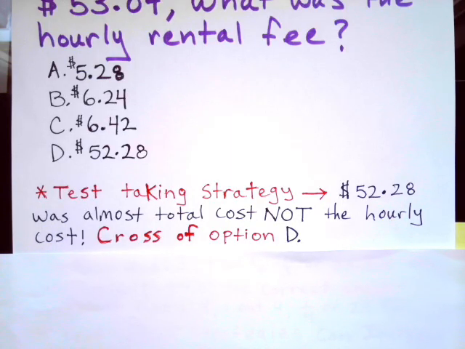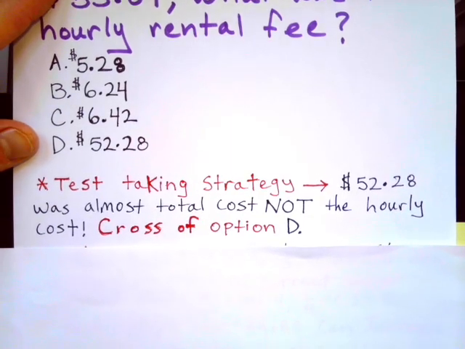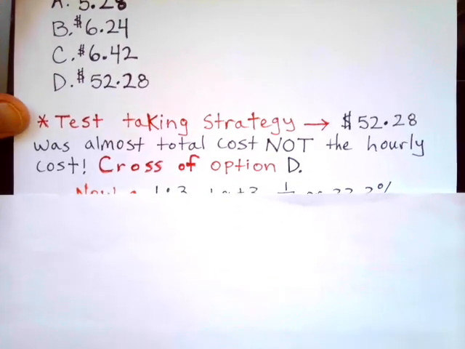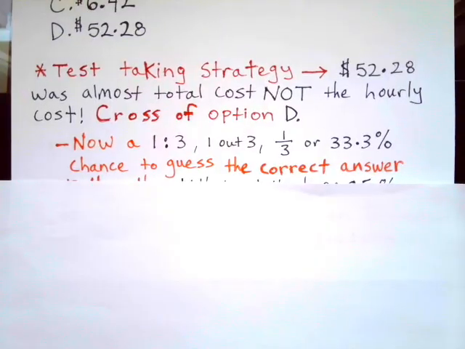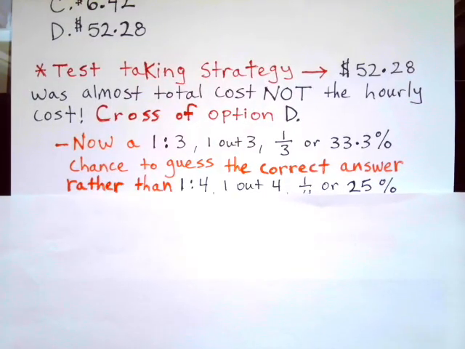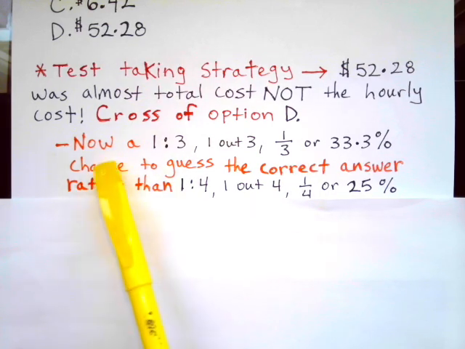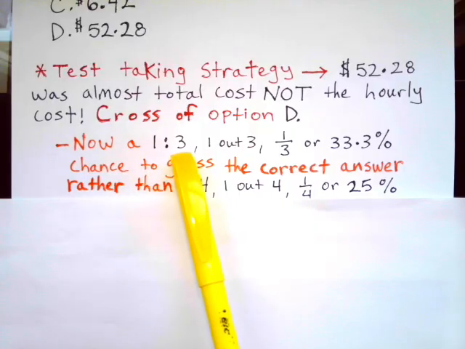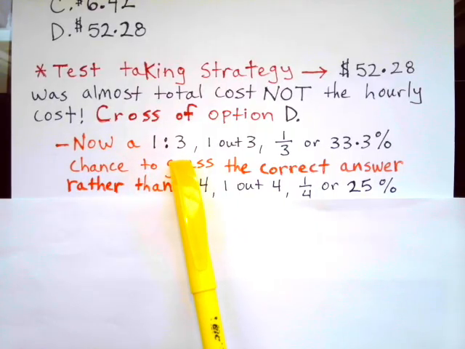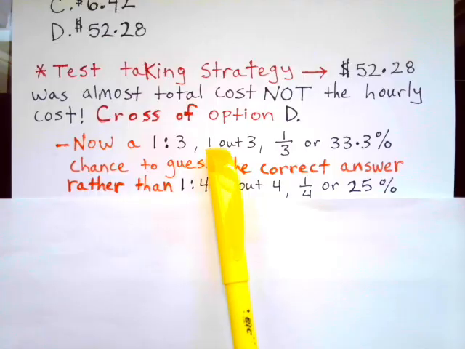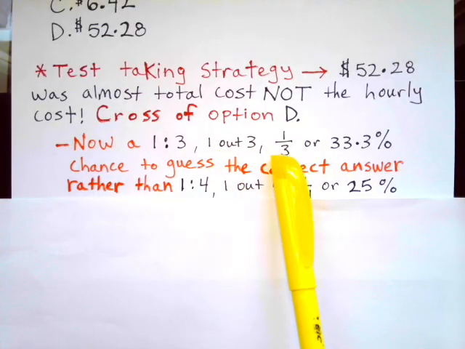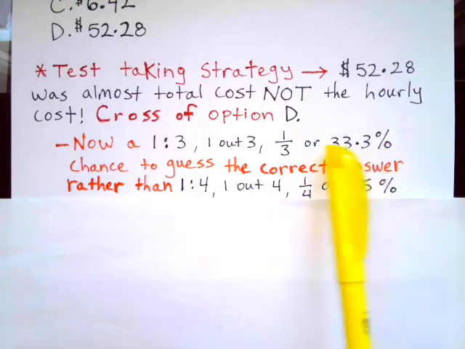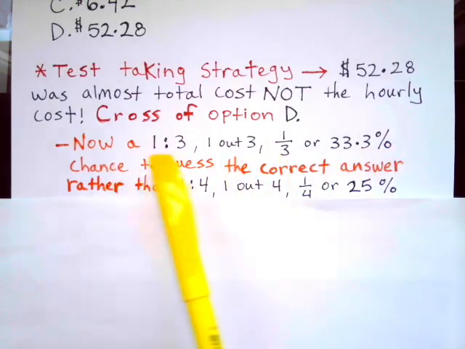Even if you didn't know how to answer this type of question, it's going to help you increase your odds. Now I'm going to show you what that means using some values. Now you have a 1 out of 3 chance, A, B, or C, to guess the answer correctly. Each of these is a ratio, by the way: 1 out of 3, 1/3, or 33.3%. All of these values are equal to each other.